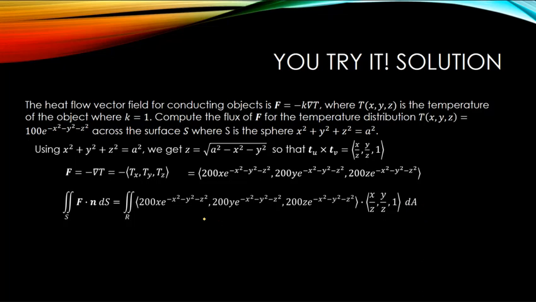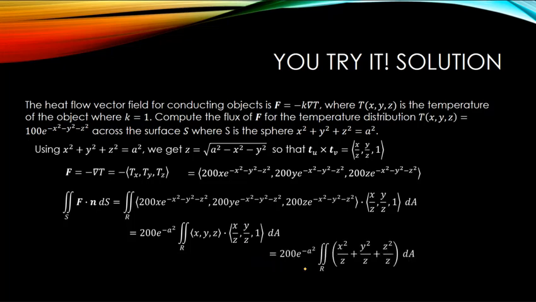200 e to the negative a squared is a constant, where negative x squared, negative y squared, negative z squared is negative a squared, so that I can bring that term out. I get 200 e to the negative a squared times the double integral over R of the vector with components x, y, z, dotted with a vector with components x over z, y over z, and 1, dA.